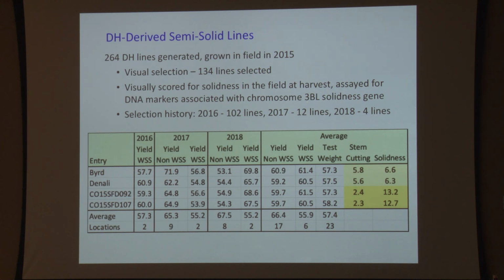The solidness is much increased, but the yield in some cases has suffered. Not every year, but in some years at least. So that's an important consideration, that there can't be a yield penalty.